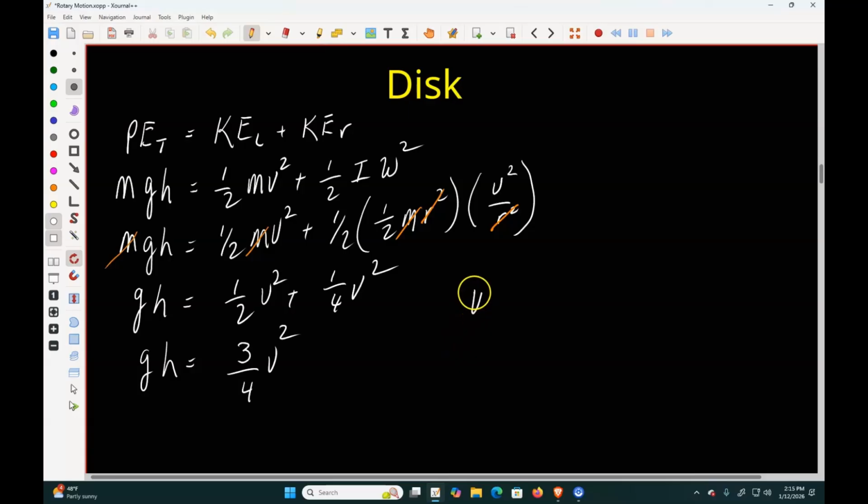So I can say then that v squared is, taking the 3/4 to the other side, I have to flip it, so it'll be 4/3 gh. The velocity for a disk will be the square root of 4/3 gh.